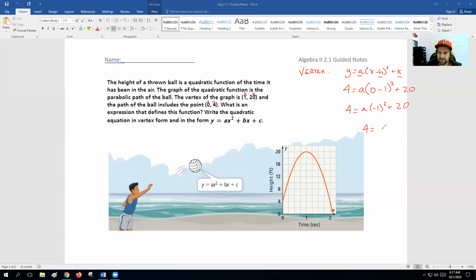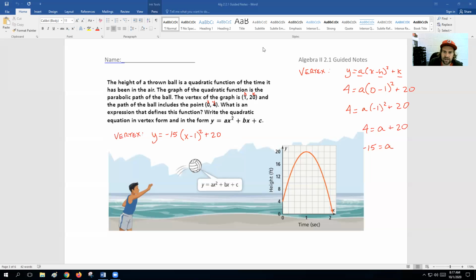So really this is just a positive 1a, or just a plus 20. And we'll minus the 20 over, so we get negative 16 equals a. So the vertex form of this equation is y equals a, which is negative 16, times (x minus 1) squared plus 20.